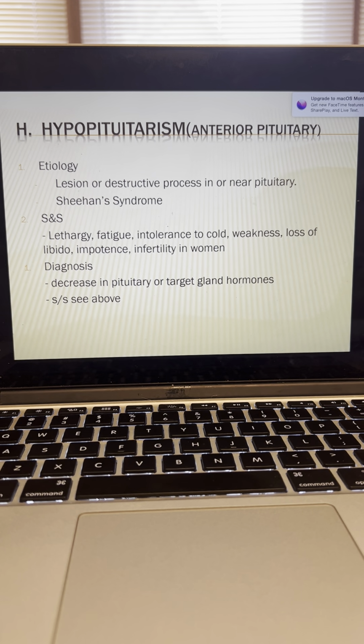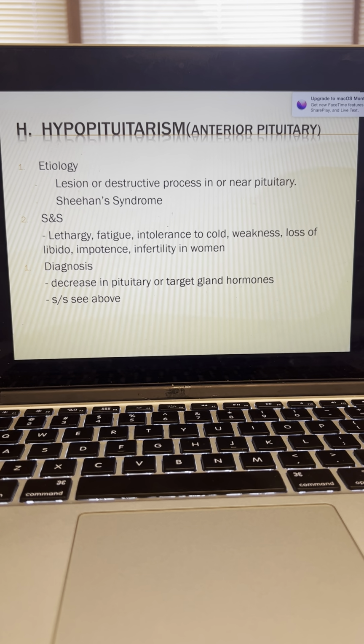Signs and symptoms: lethargy, fatigue, intolerance to cold, weakness, loss of libido, impotence, and infertility in women. Very hard to diagnose, especially on the postpartum mother, because of postpartum blues, having a newborn at home, etc. A lot of these symptoms coincide with that.